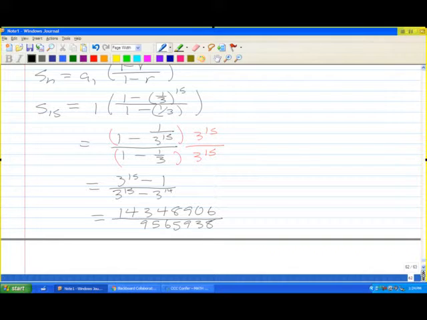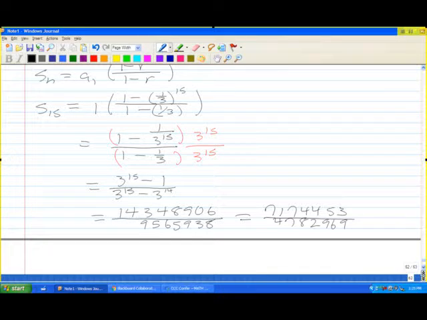Let's divide each of these by 2 at least. 7,174,453 over 4,782,969. Okay, so that's the sum.